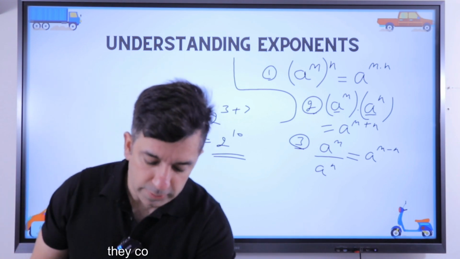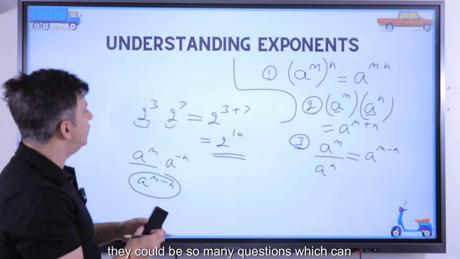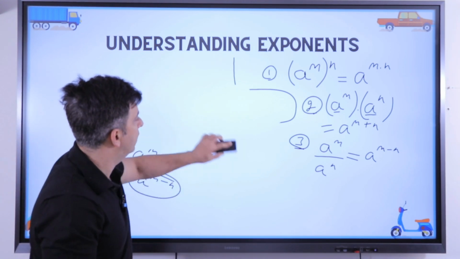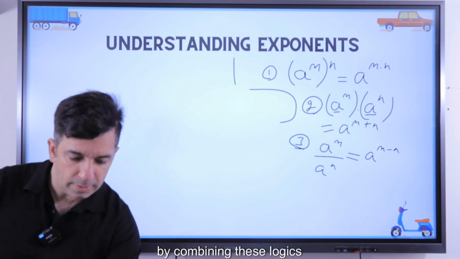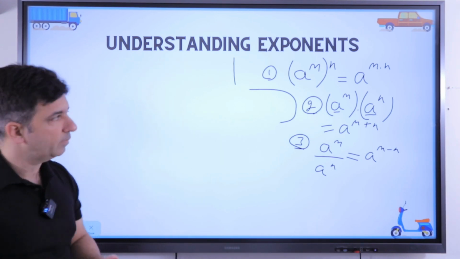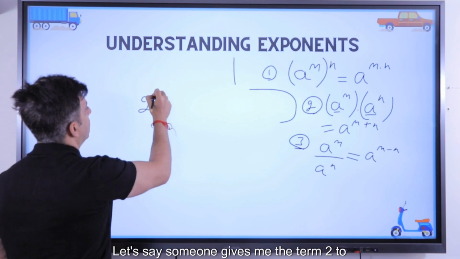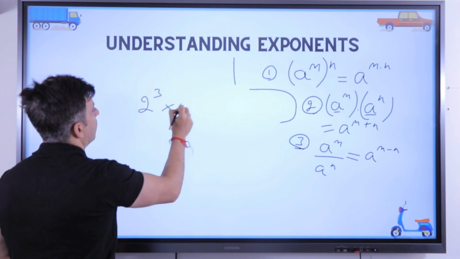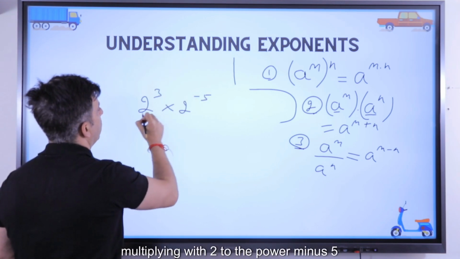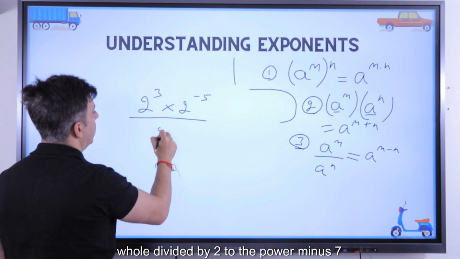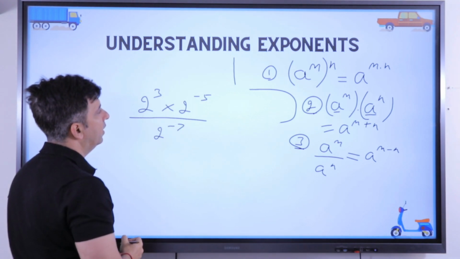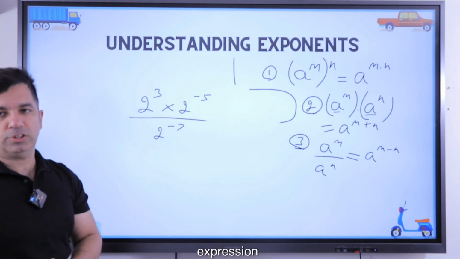Whatsoever be your way of looking at it, the sense would remain the same. So there could be so many questions which can ultimately come up by combining these logics. Let's say someone gives me the term 2 to the power 3 multiplying with 2 to the power minus 5, whole divided by 2 to the power minus 7, and we are told to simplify this expression.